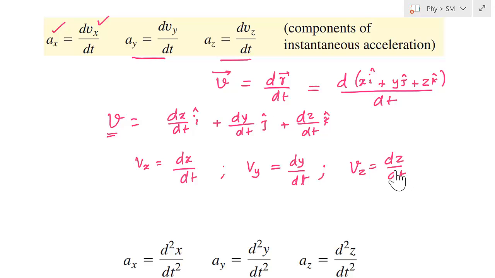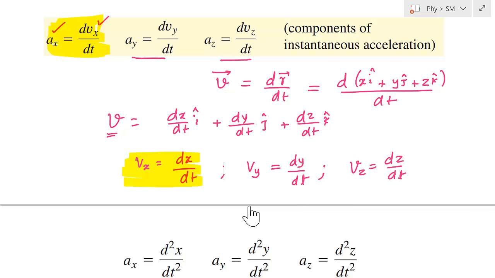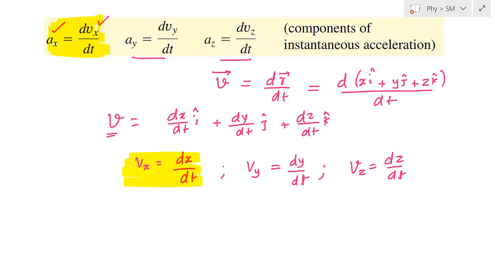And what is my acceleration? If you remember, the x acceleration is dvx by dt. So if I take differentiation of this term, I will get acceleration in the x direction. X direction acceleration ax is nothing but dvx by dt, but vx is what? Vx is nothing but dx by dt.